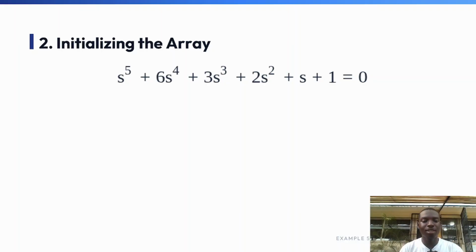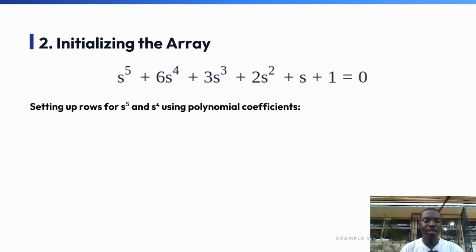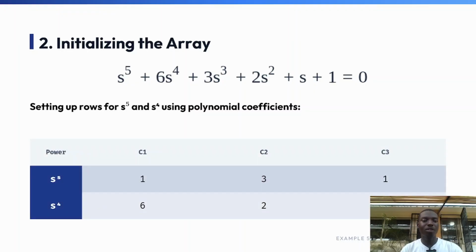So we start by using the s to the power 5 and s to the power 4. We are going to set this up, and for the row with s to the power 5, we take its coefficient 1, then the third one 3, then the fifth one, which is s, its coefficient, which is 1.